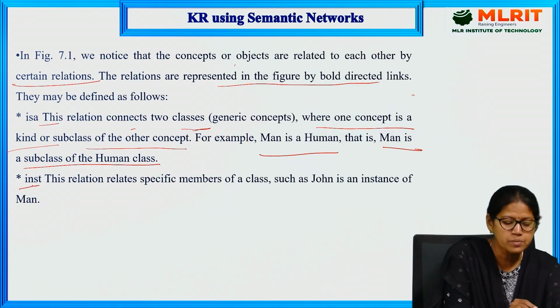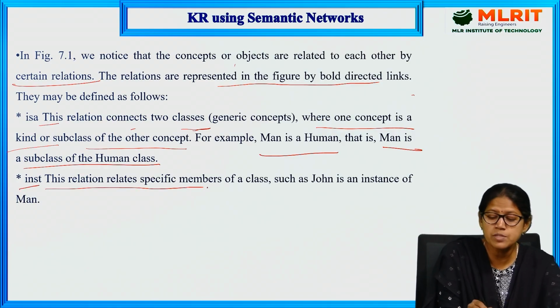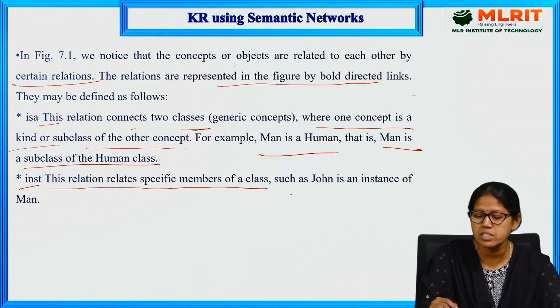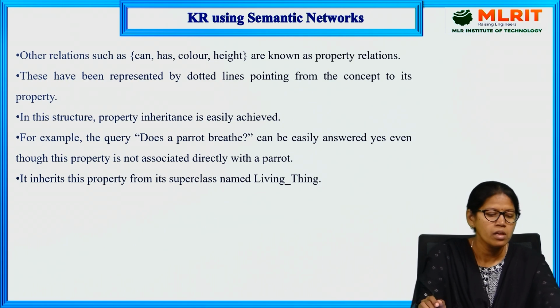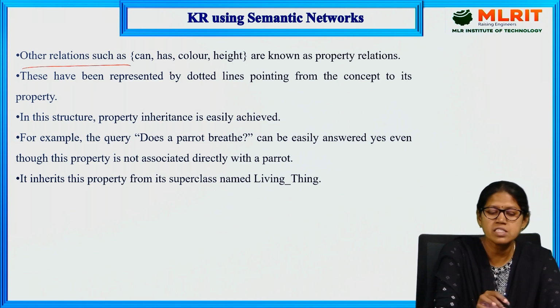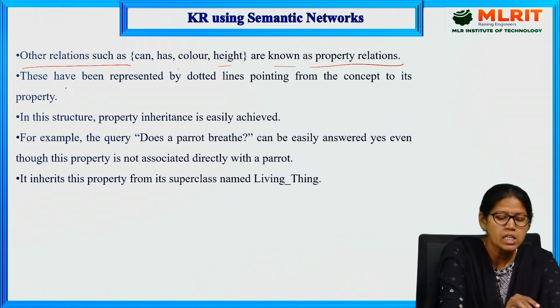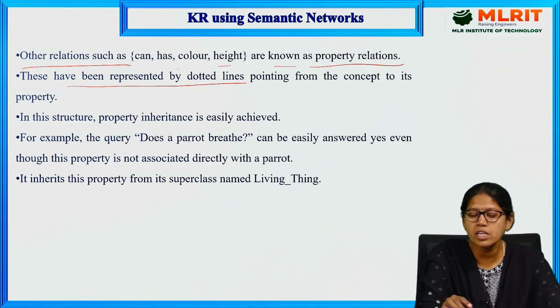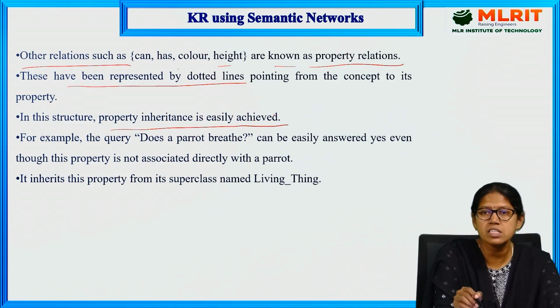Next, inst or instance. This relation relates a specific member of a class, such as John is an instance of man. Next, other relations such as can, has, color, height are known as property relations. These are represented by dotted lines pointing from the concept to its property. In this structure, property inheritance is easily achieved.